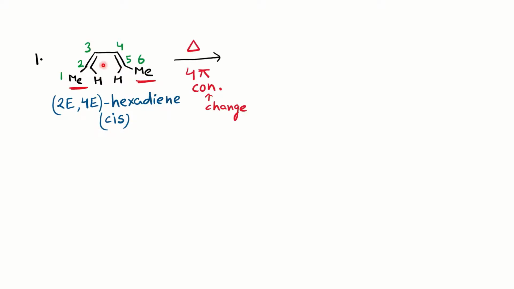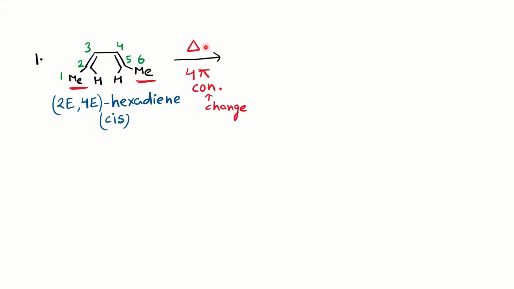And the 4n system, under thermal condition, they will mention the condition here. Under thermal condition for 4 pi system, now we have to remember the selection rule. So 6 pi PC is a trick. So photochemically, for 4n plus 2, it is conrotatory. Then for 4 pi system, photochemically, it will be disrotatory.